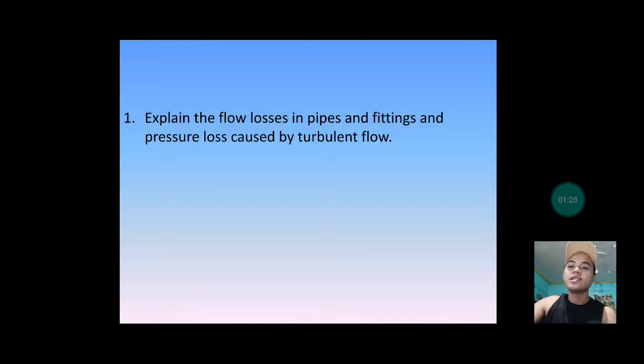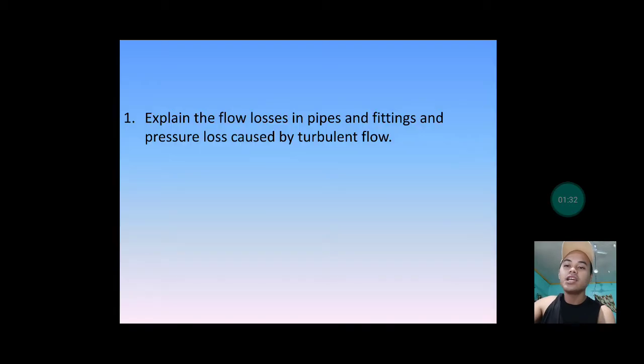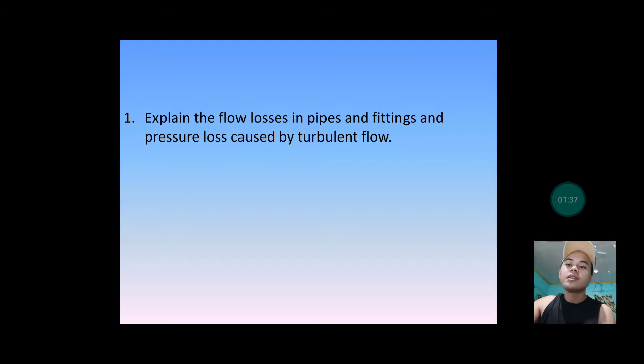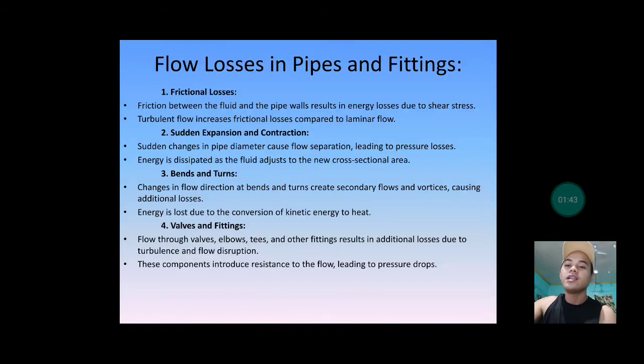Okay, so as you can see, as the pipe changes, there will be turbulence. As turbulence changes, there will be pressure loss and energy loss in the pipe or in the flow of the liquid.